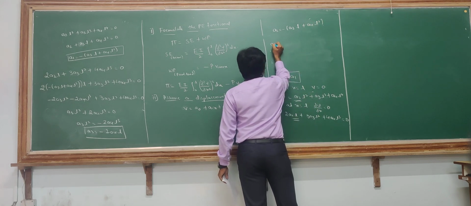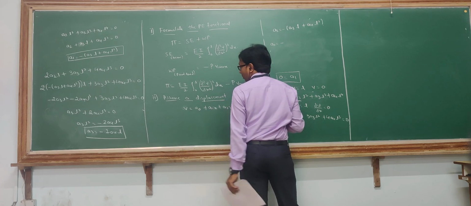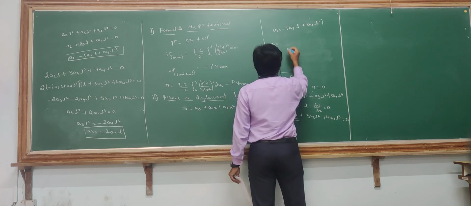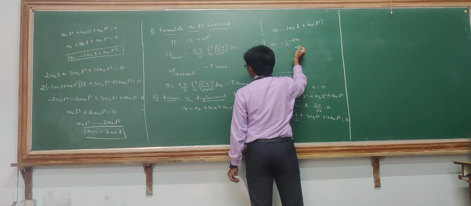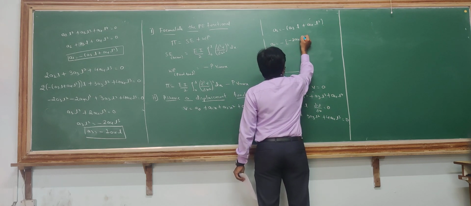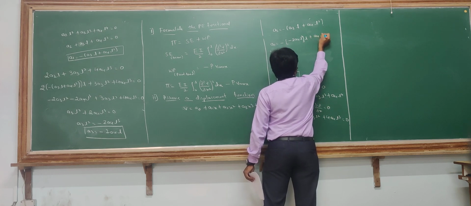So I'll keep the minus as it is, and A3 is nothing but minus 2A4L. So here I'll take a square bracket: A3 is minus 2A4L into L plus A4L square.